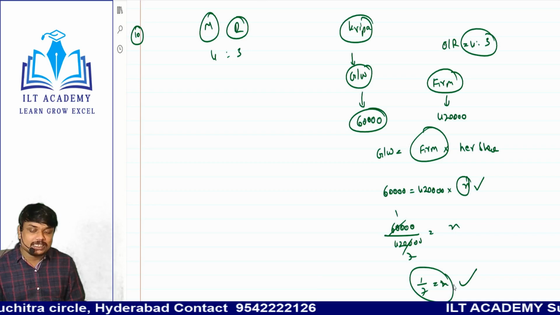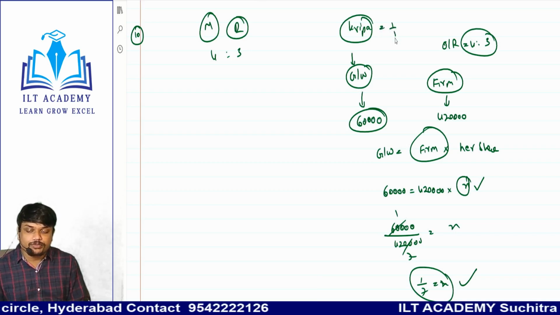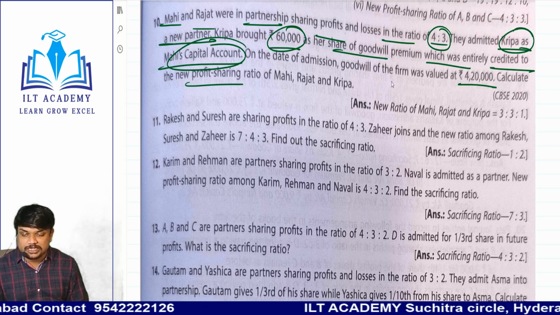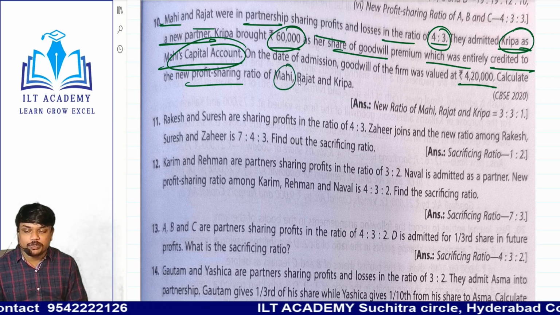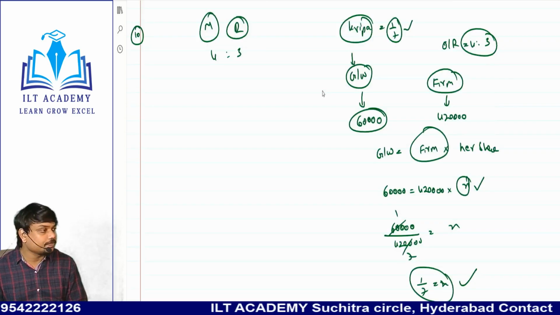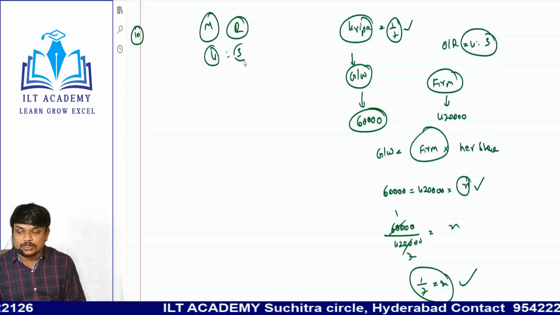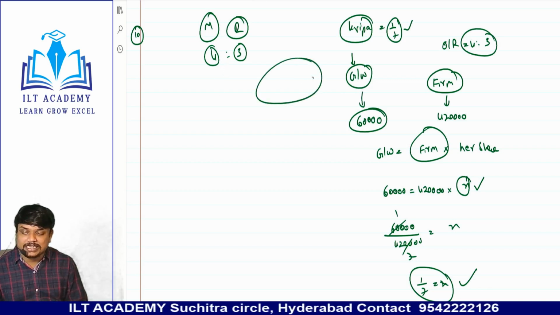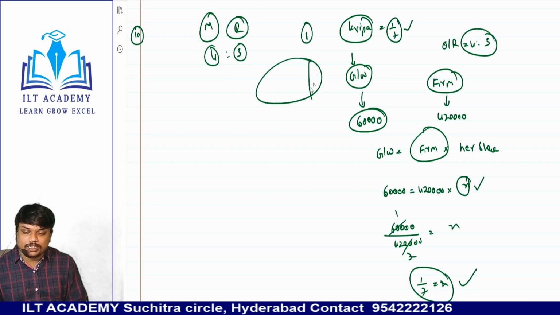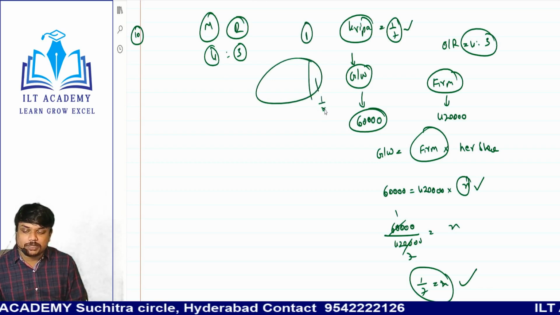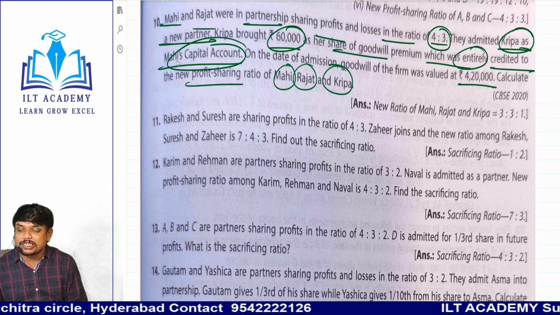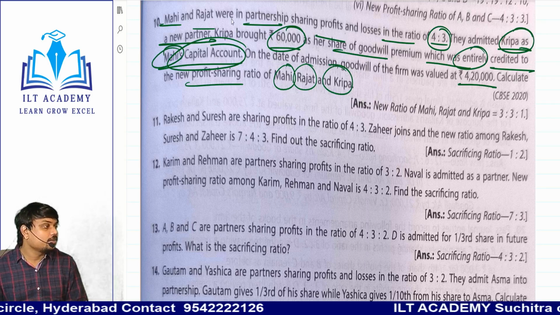Now what is X? Got it? 1 by 7th of share. Now what is the new profit sharing ratio of Mahi, Rajat and Kripa? How much was his earlier? 4 by 7. Same. Now in the first case, how much is the whole watermelon? 1. She got how much? 1 by 7. No, no. It is given that the premium was entirely credited to whom? Mahi's capital account.